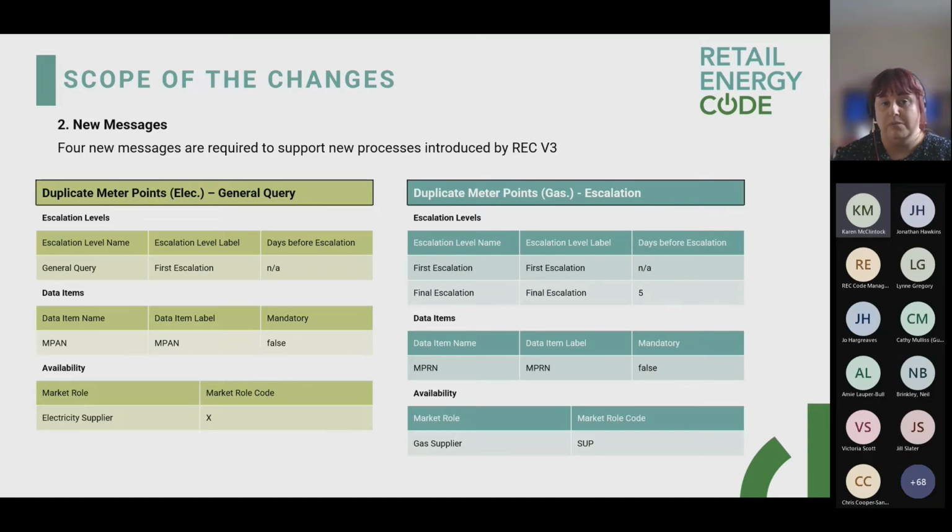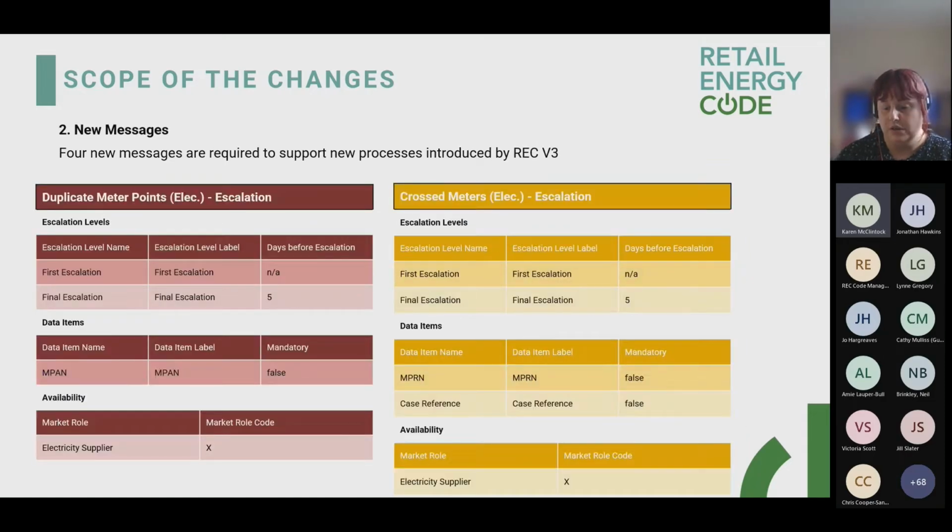And if we can move on to the next other new ones, again, these are the escalations. So we've got here the duplicate meter points for electricity and the cross meters for electricity. So hopefully you've seen there's a bit of a consistent message here that the changes that we're seeing are being driven by the schedule changes.